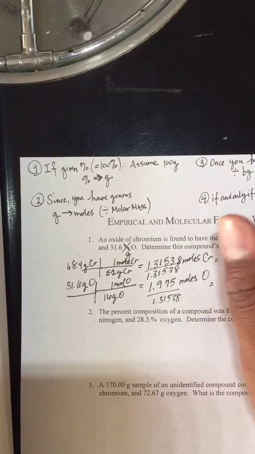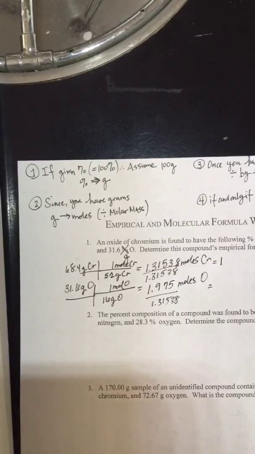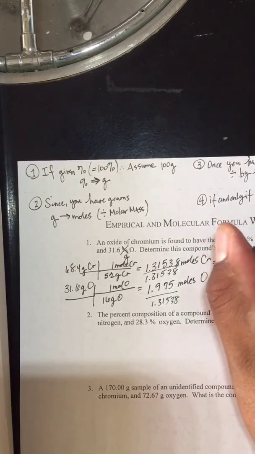Of course, since these are the same number, that's going to be 1. The next one is going to be 1.975 divided by 1.31538, and we get 1.5.